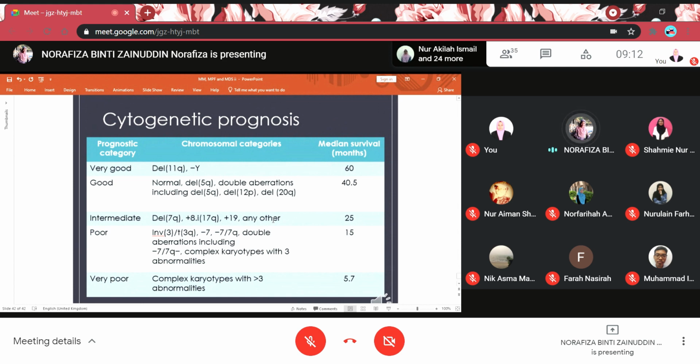MDS prognosis is calculated using this system, which includes cytogenetic categories, in addition to the number of cytopenias and the blast percentage. The presence of more than 3 chromosomal abnormalities will indicate very poor prognosis. You can see here the prognostic categories: very good, good, intermediate, and very poor.